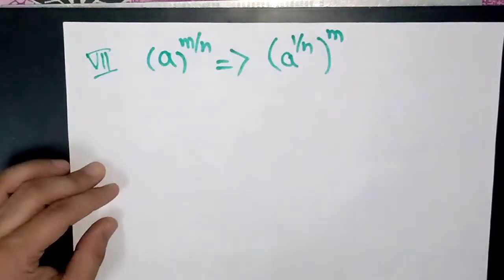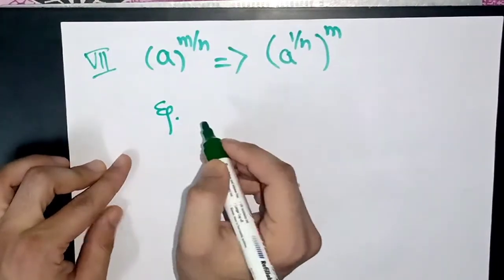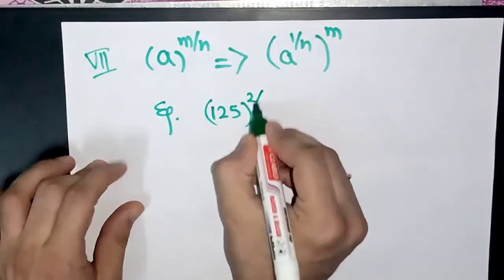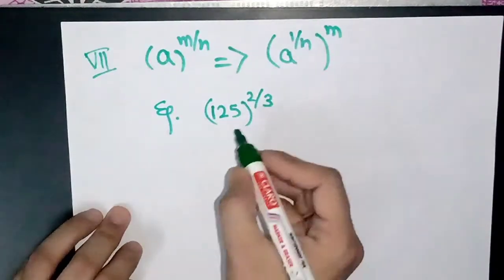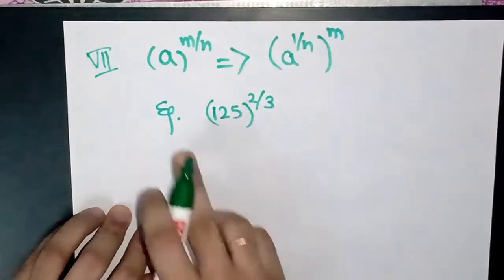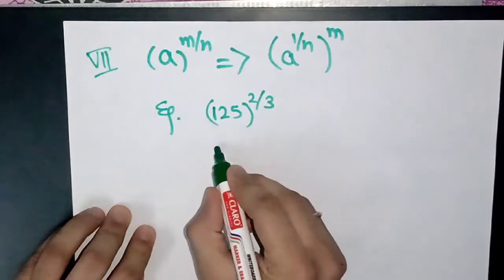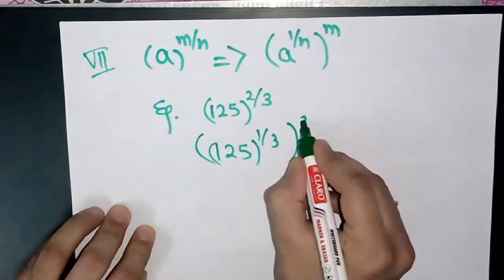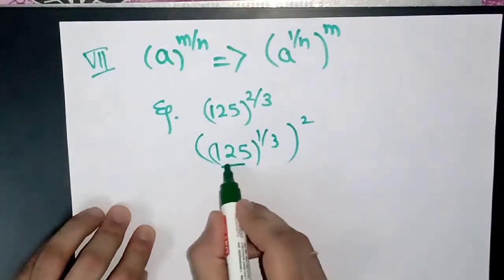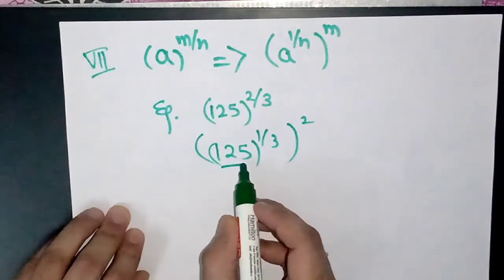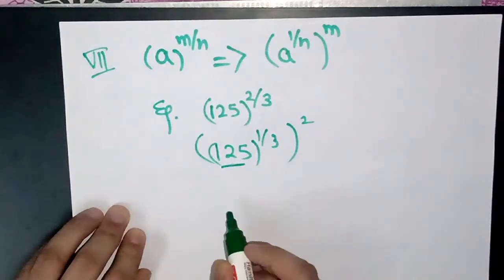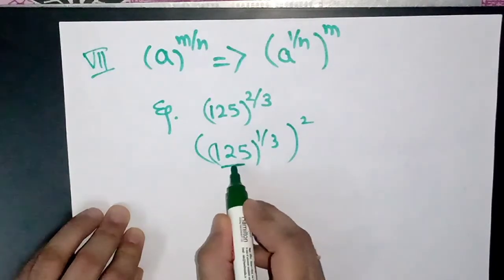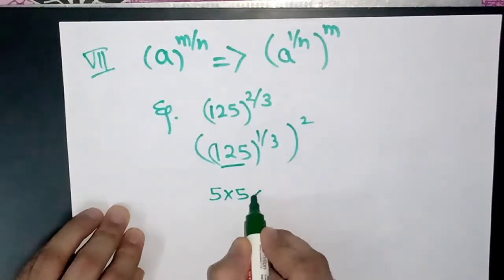For example, 125 raised to the power 2 by 3. Now you need to solve it. According to the rule, we can write this as 125 to the power 1 by 3 and square of it. The cube root of 125 is 5. Cube root is very simple: you can prime factorize the number, which is 5 into 5 into 5.